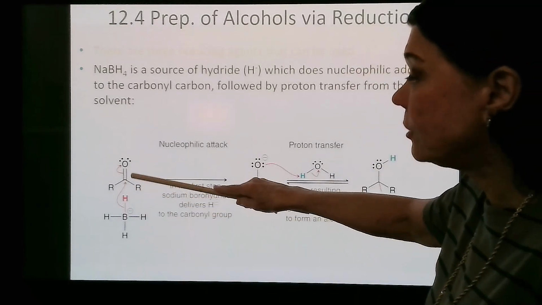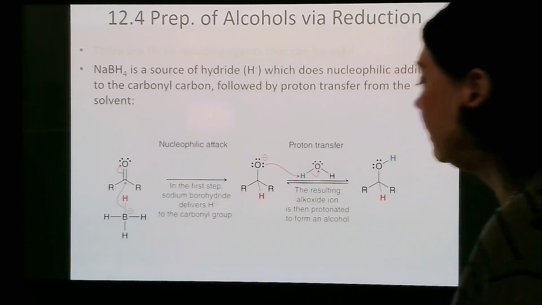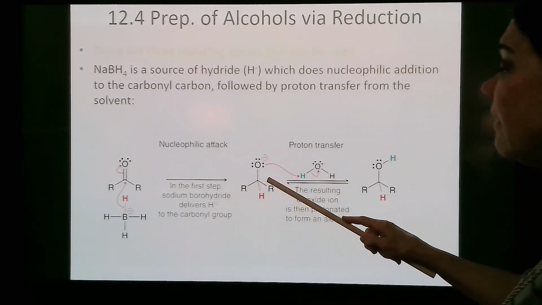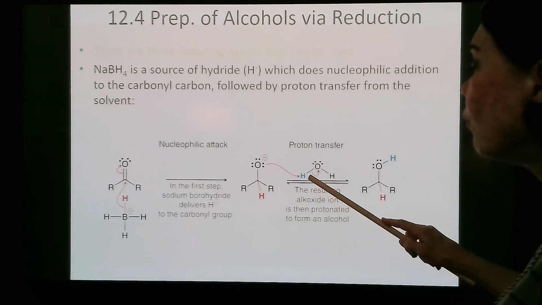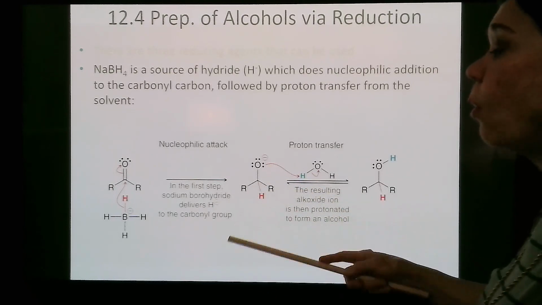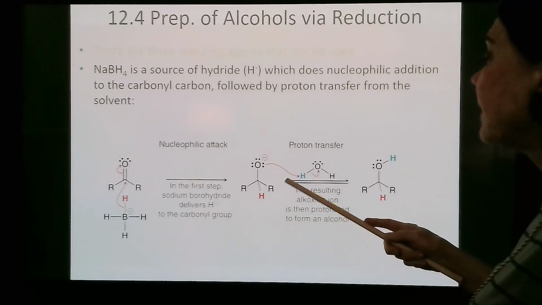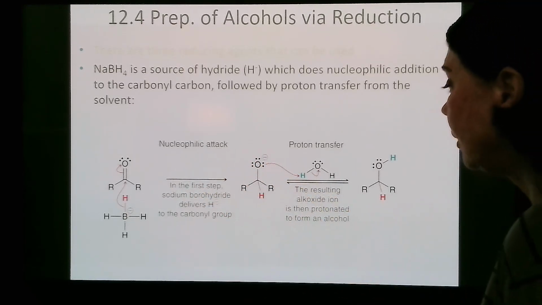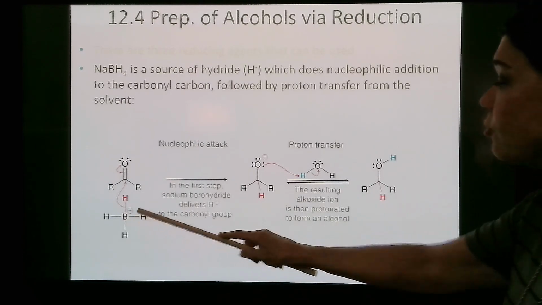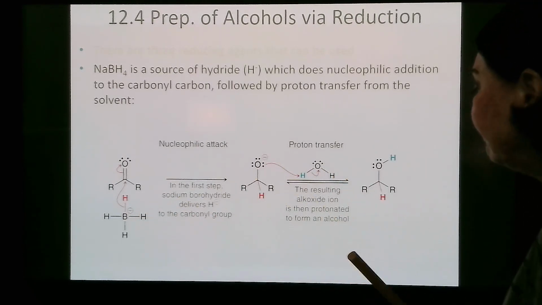In this case, it's the carbon of the carbonyl. Now you have an alkoxide, which then removes a proton from water or whatever workup agent you have. And in this case, this is a one-pot reaction because the sodium borohydride does not react with water.